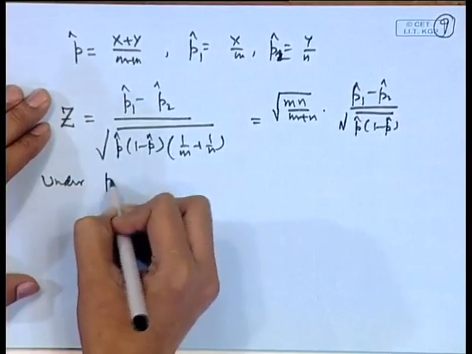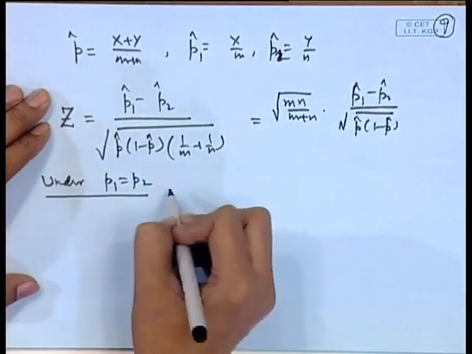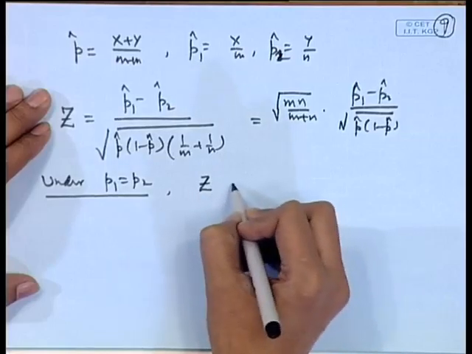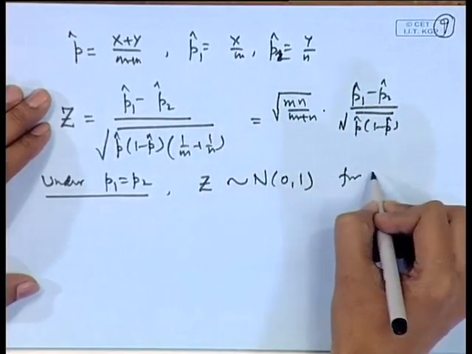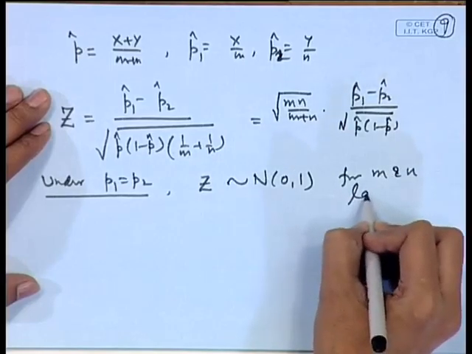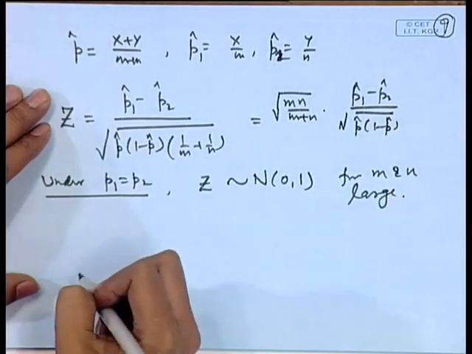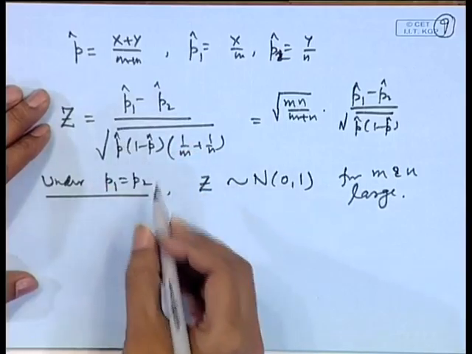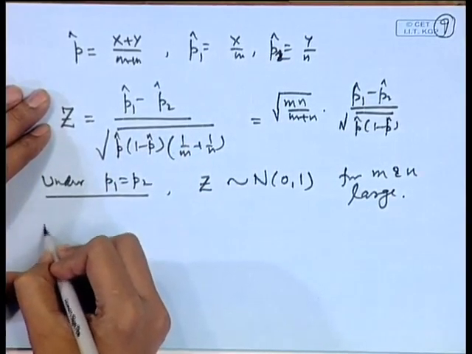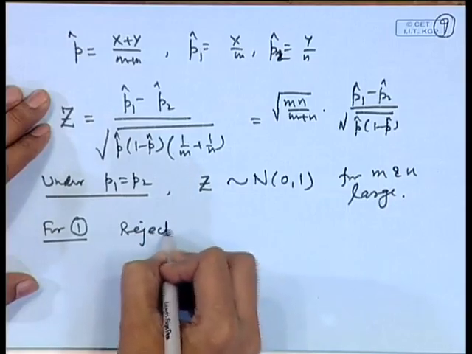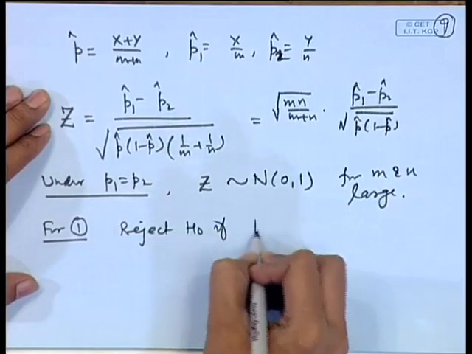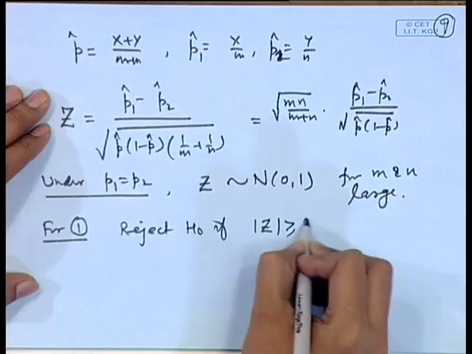Under the assumption that p 1 is equal to p 2, z is approximately normal 0 1 for m and n large. So, we may make a test based on this. For 1, reject H naught if modulus z is greater than or equal to z alpha by 2.